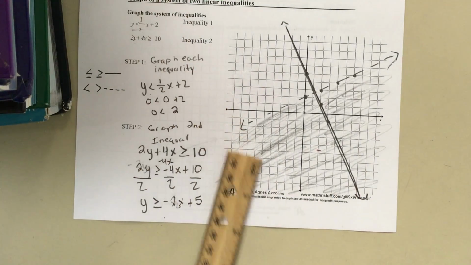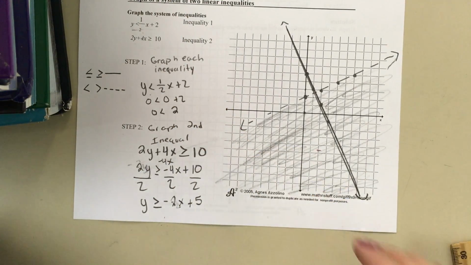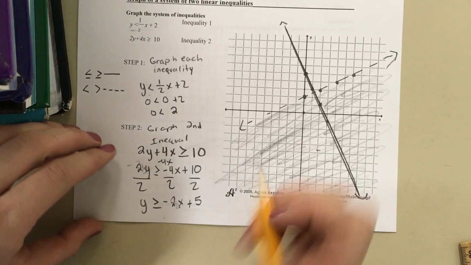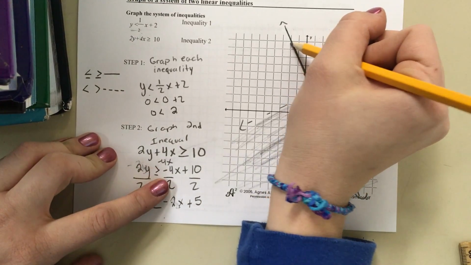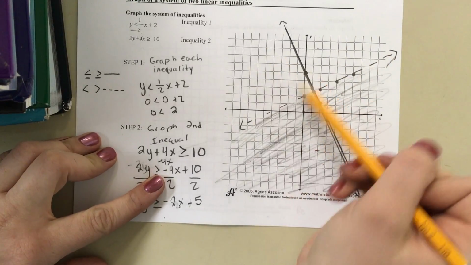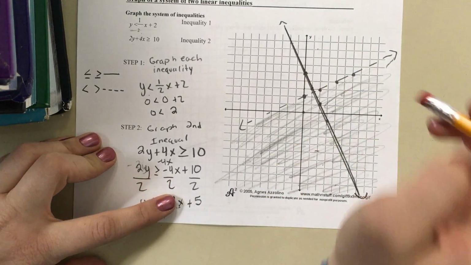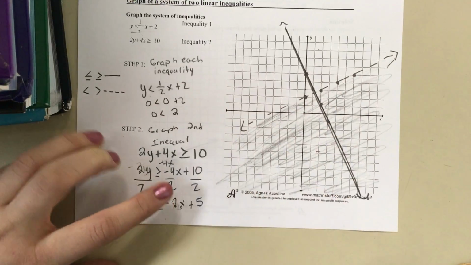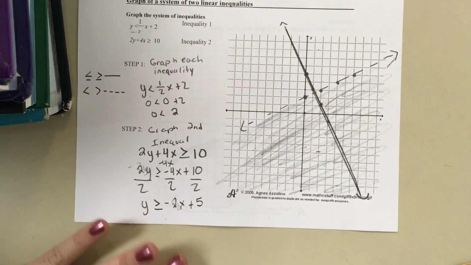I am still not done, because I need to decide what side of this line I need to shade. When doing this, it is important that you ignore the dashed line so you do not get confused.